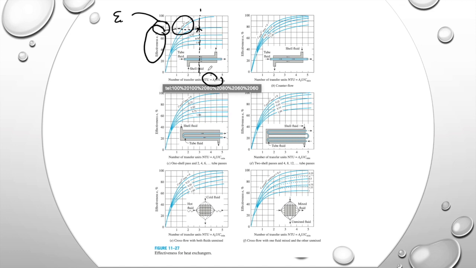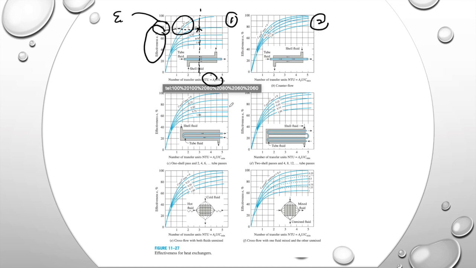This graph is again the same as this table, and it has different types of heat exchanger. Number 1 is for parallel flow, and number 2 is for counter flow.